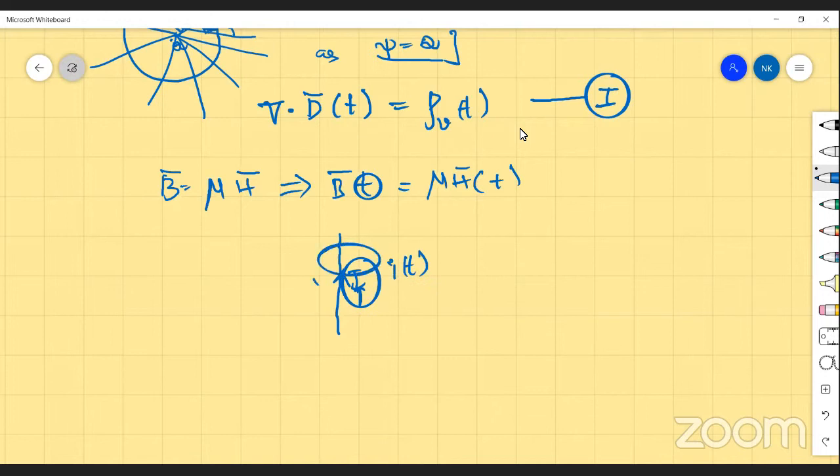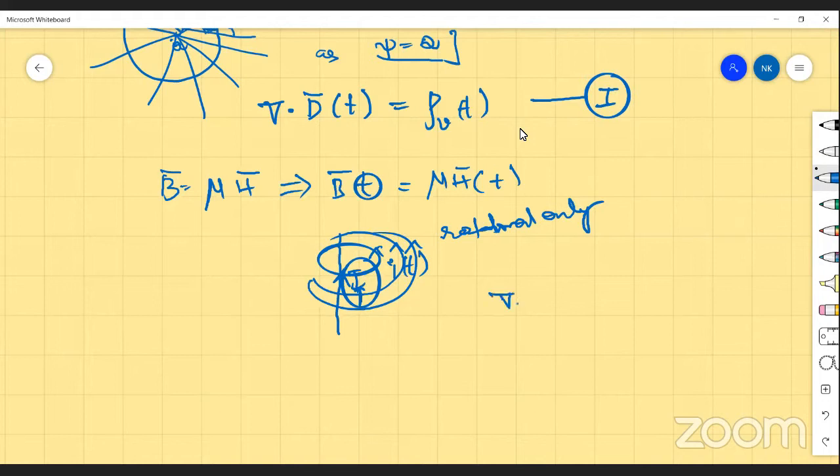Whatever may be, the flux lines are like this. The current is flowing, and these flux lines will be rotational only. I already told you, this is purely rotational. Whether they are dependent on time or independent of time, when you are extracting the divergence of a purely rotational quantity, it will definitely be zero.